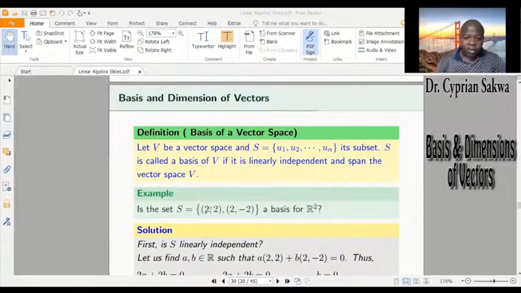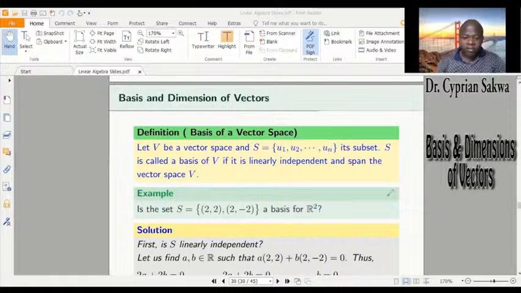In other words, one, are these two vectors linearly independent? And two, do these two vectors span R2? If these two conditions are met, then we say that S is a basis of R2.